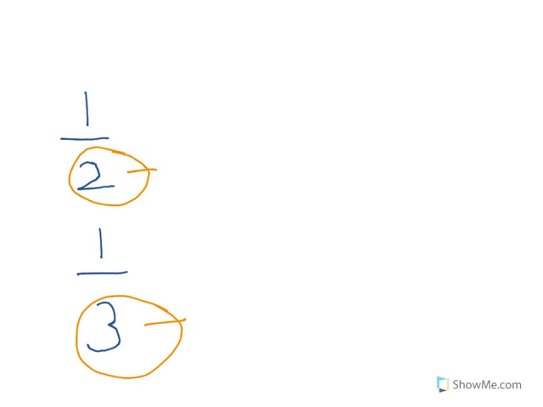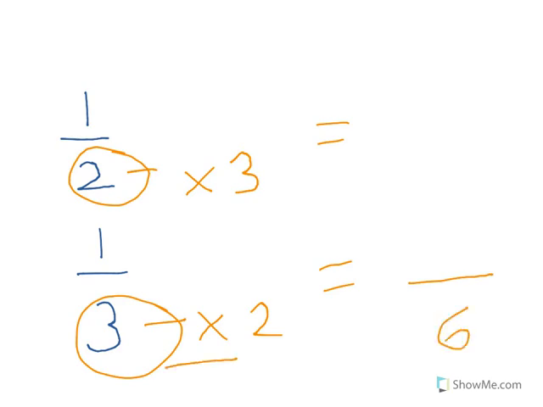If I multiply 2 by 3, and I multiply 3 by 2, it will give me 3 2's 6, 2 3's 6, right? So my denominator is the same, so that part is right.